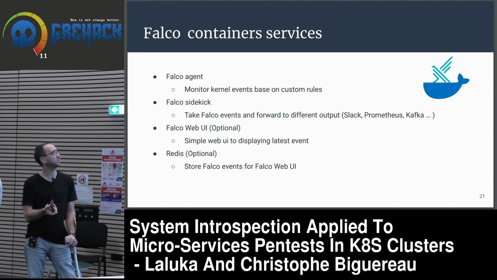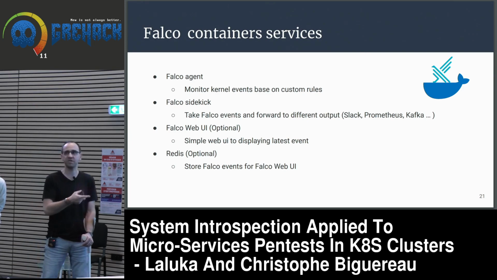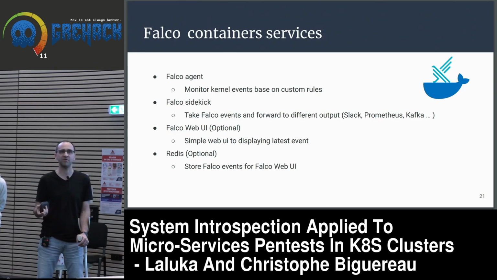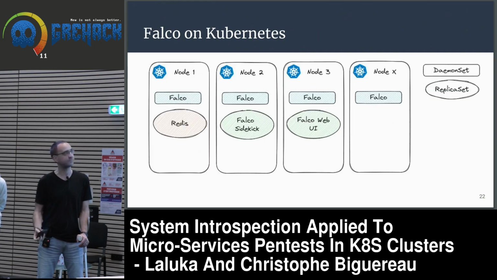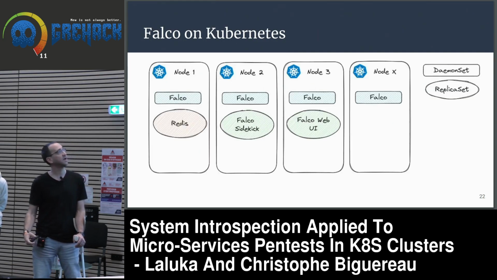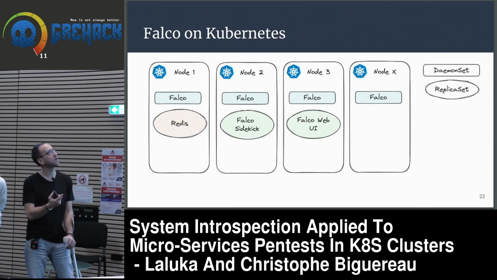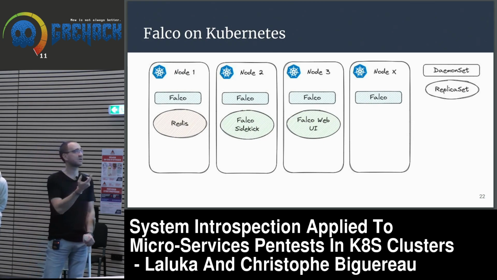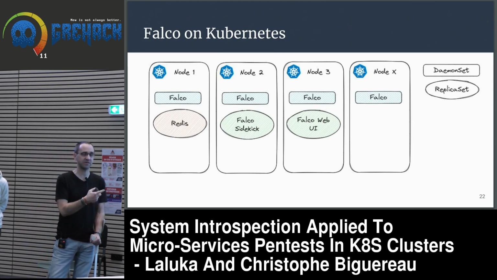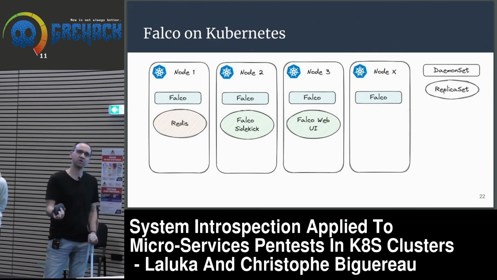There are some other services. These are optional. They are the Falco WebUI and the Redis. The Falco WebUI and the Redis work together. It's just to have a nice view of the events that the Falco Sidekick will receive. Let's translate to Kubernetes. Like I said just before, the Falco agent needs to be deployed on each node.